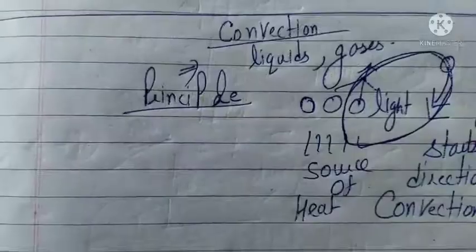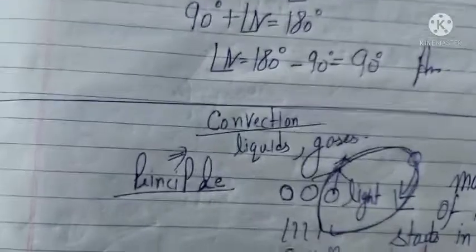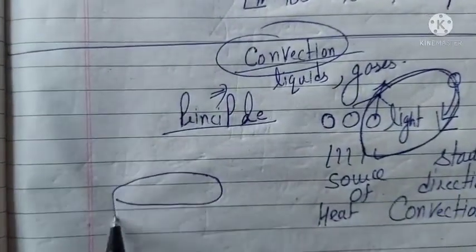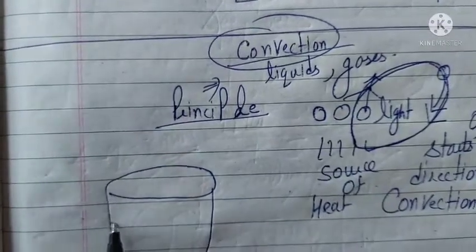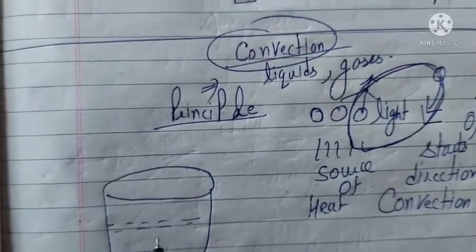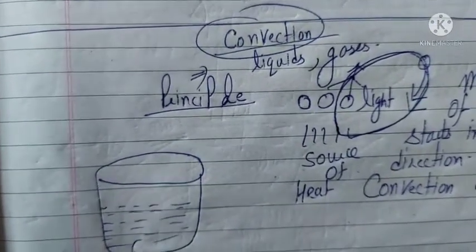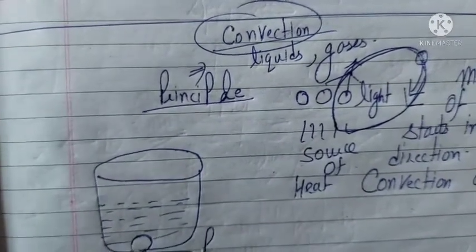How can you prove experimentally that convection takes place? Take a beaker, fill it with water. It's activity 4.7. Drop a crystal of potassium permanganate.